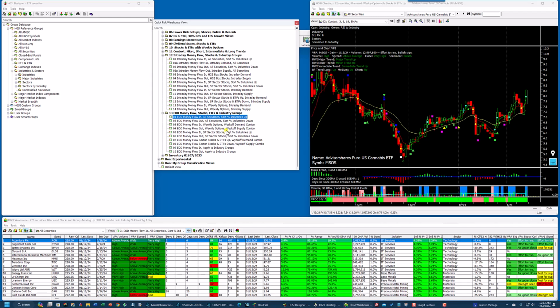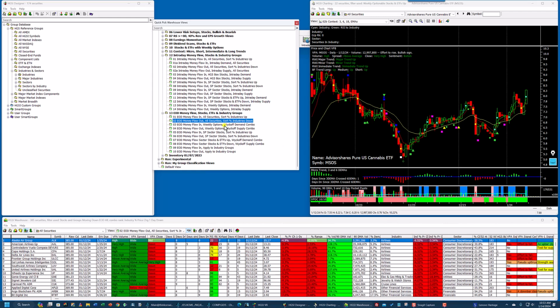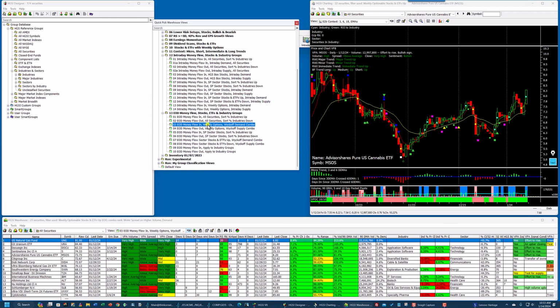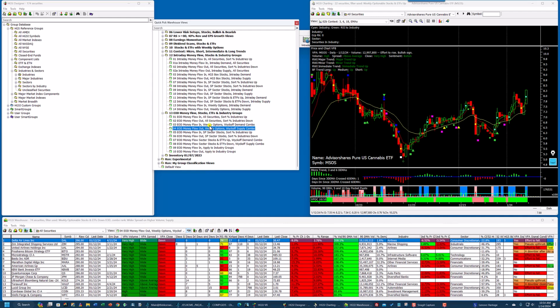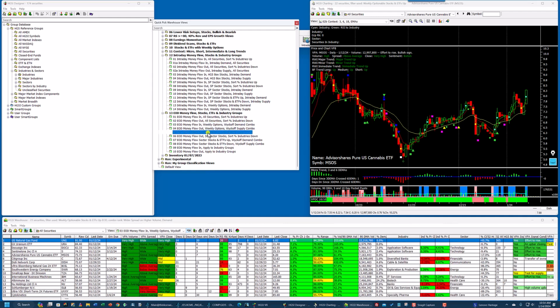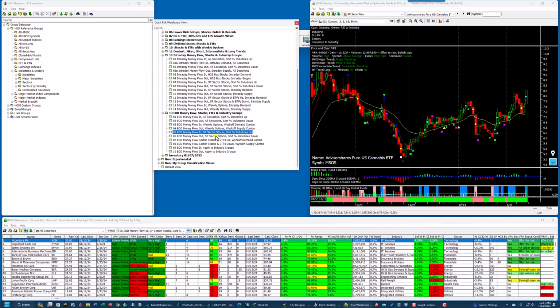So this is money flow in. The sort is on industries. Industries down on this one. These money flow in. These are stocks with weekly options and ETFs. As long as they have a weekly option, they're going to be in here. And then these are the S&P sector stocks, and the sort is on the industries.